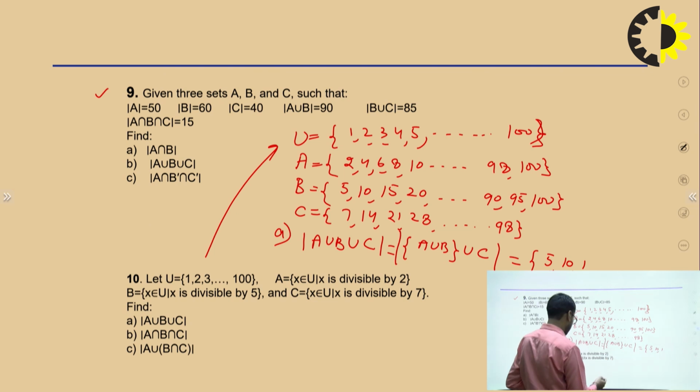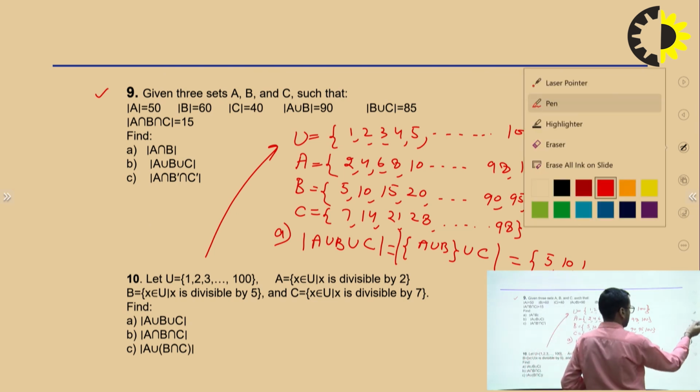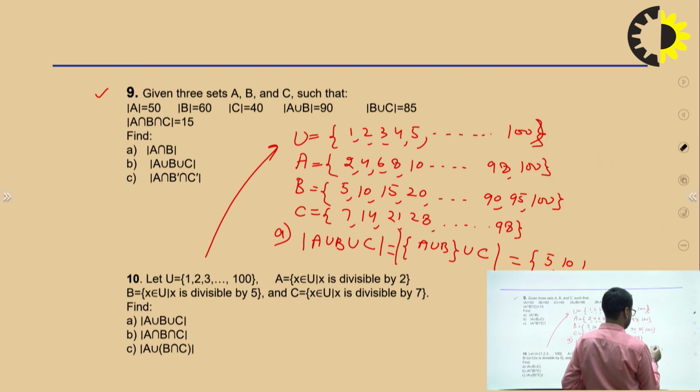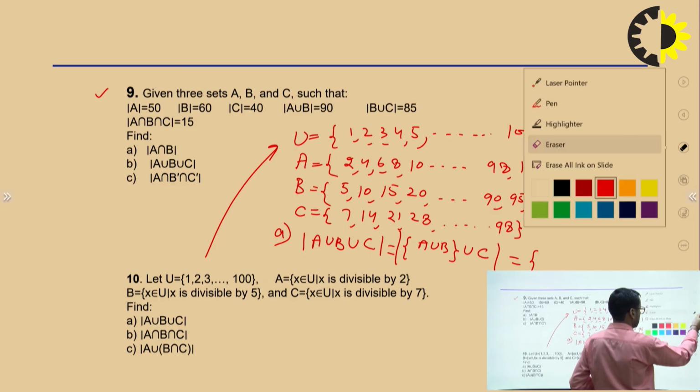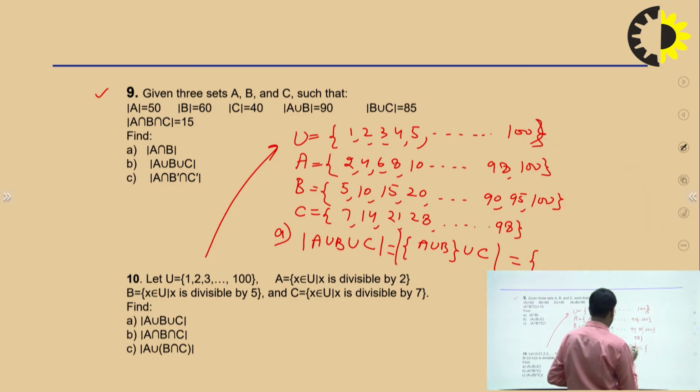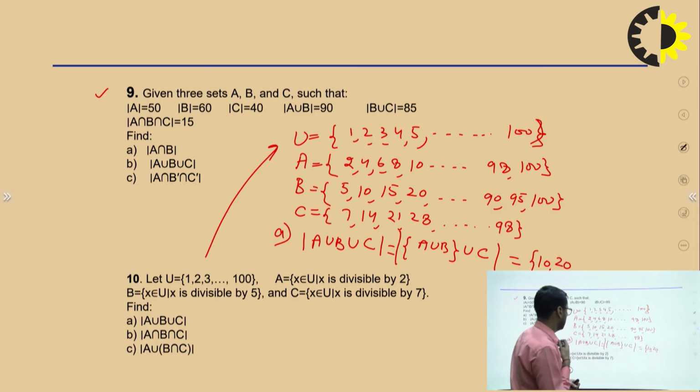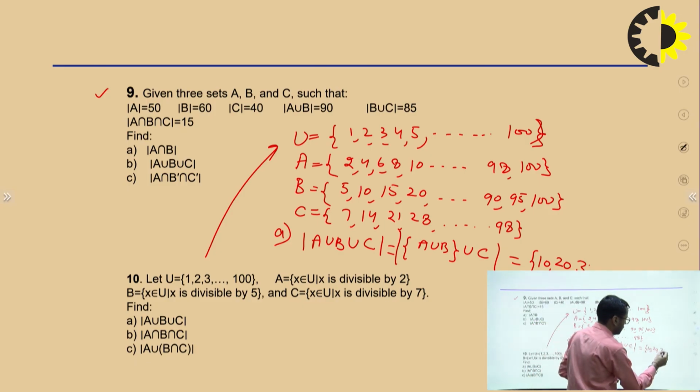No, 5 will not be present here, because 5 does not belong to A in that particular case. So we take the elements 10, 20, 30, 40, 50, 60, 70, 80, 90 and 100.